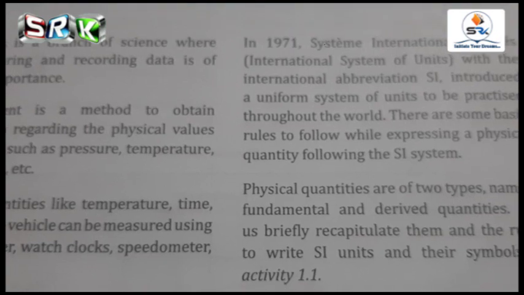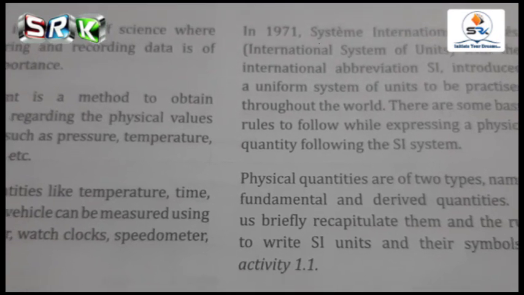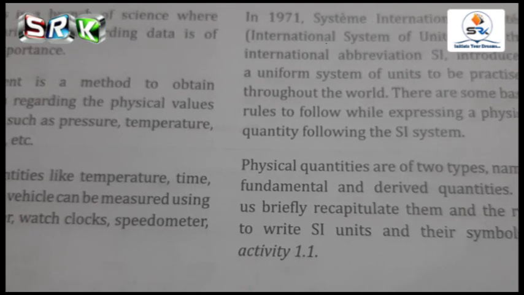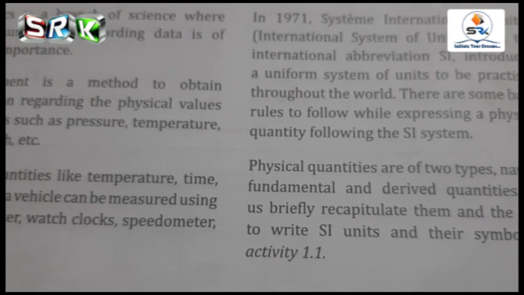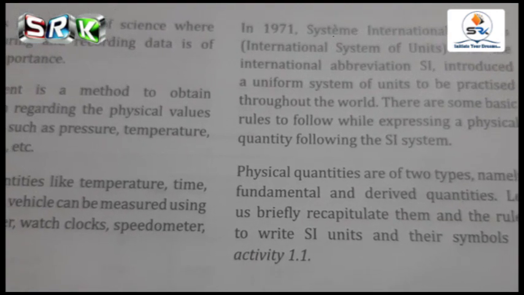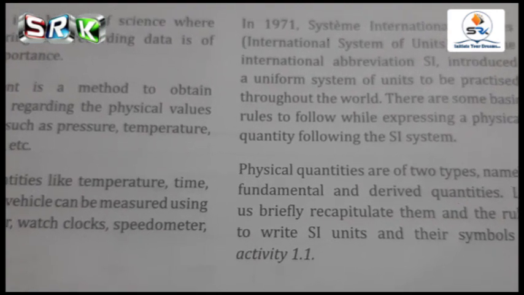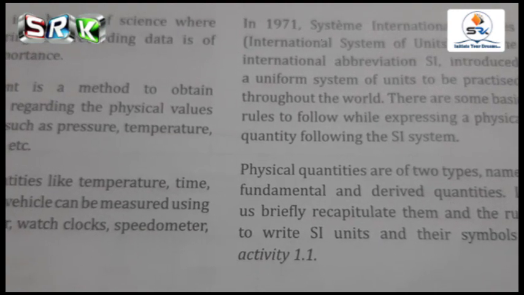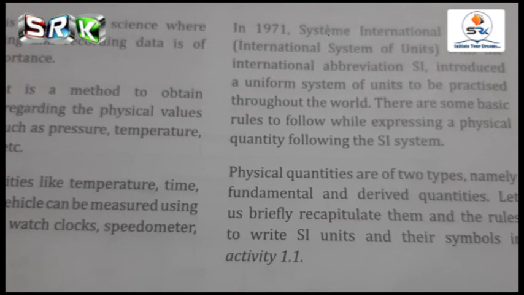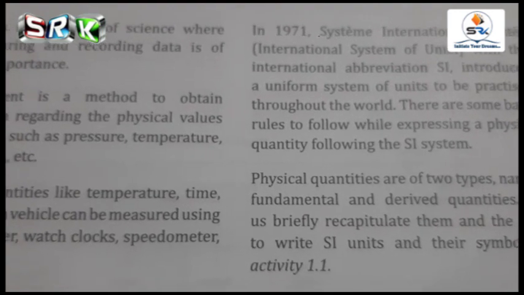There are some basic rules to follow when expressing a physical quantity in SI units. Physical quantities are of two types, namely fundamental and derived. We will see the rules of SI units and their symbols in activity 1.1 in the further classes.